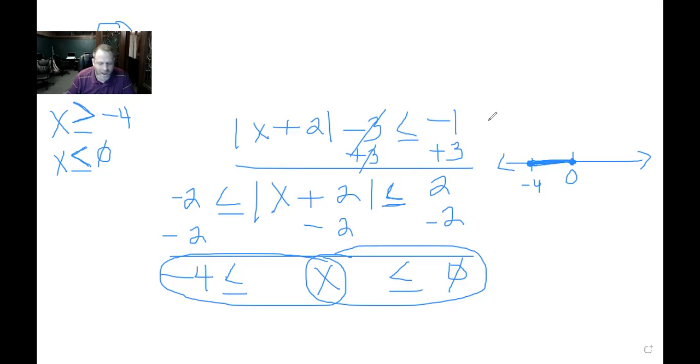All right, guys. So now let's do letter C. This time I'm going to show you just how to do and graph the number lines. So the absolute value of 5x minus 2, plus 1, is greater than or equal to 4. All right, guys, so let's work toward our centerpiece.